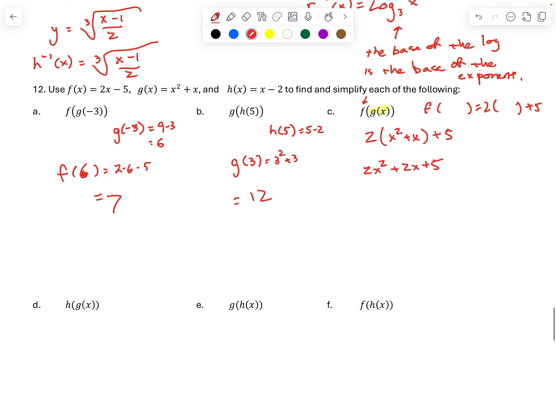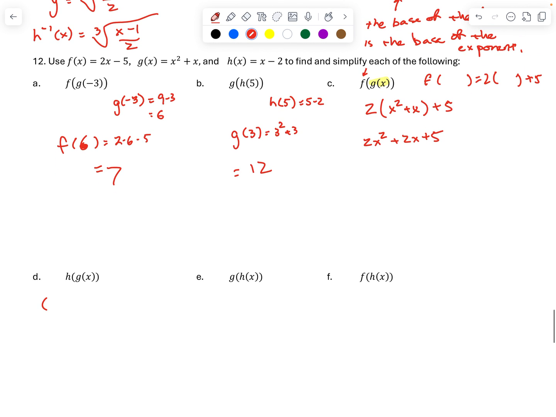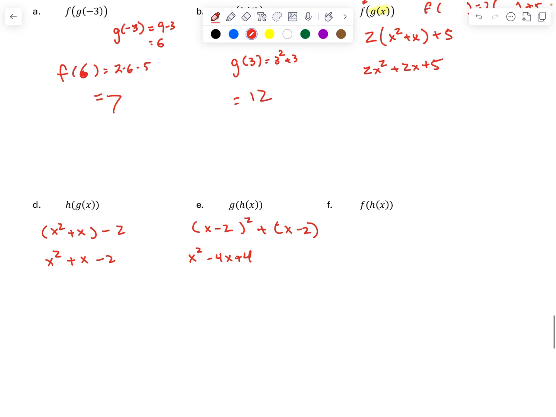g of h, let's see, what's h? h is x minus 2, and we're stuffing h in. g is thing squared plus thing, and we're stuffing h in. Okay, foiling out.